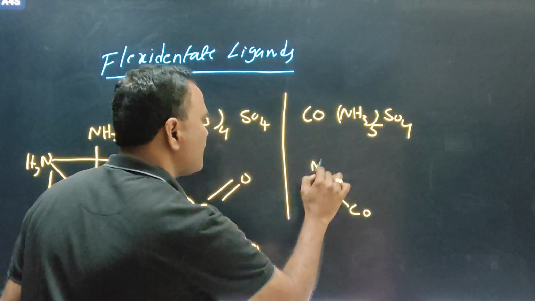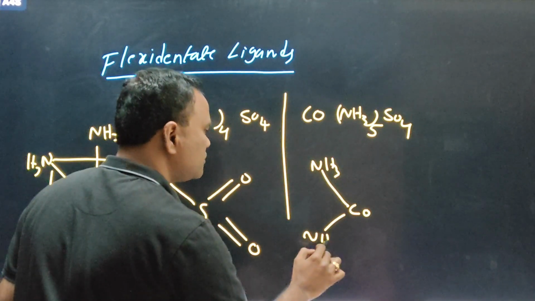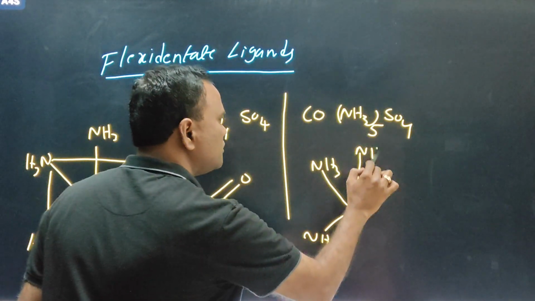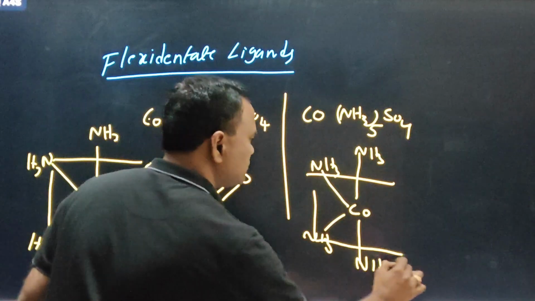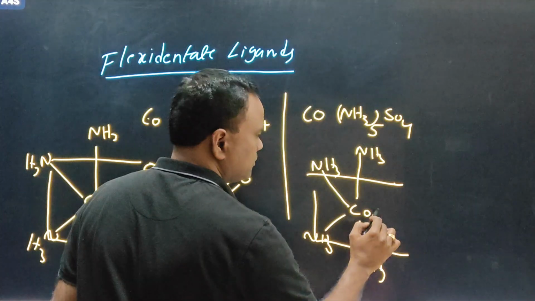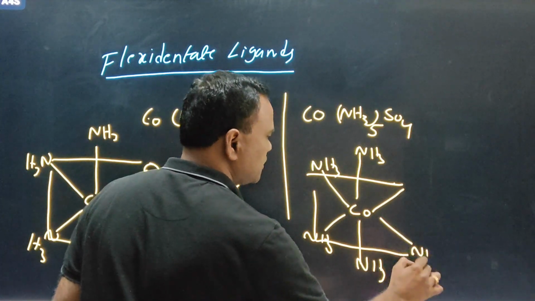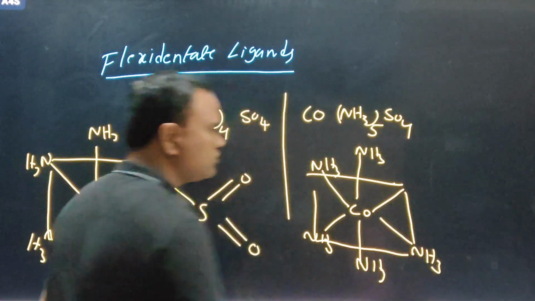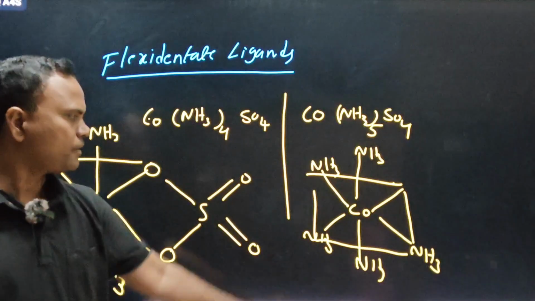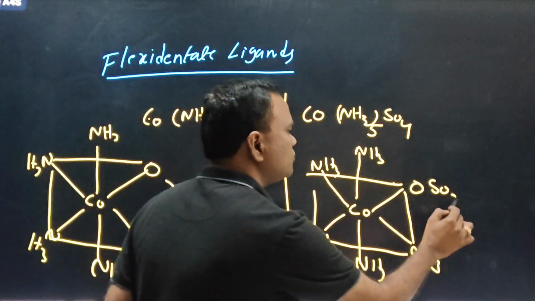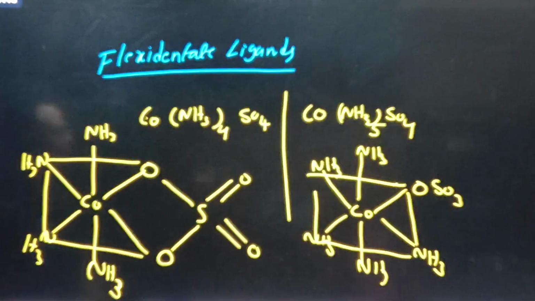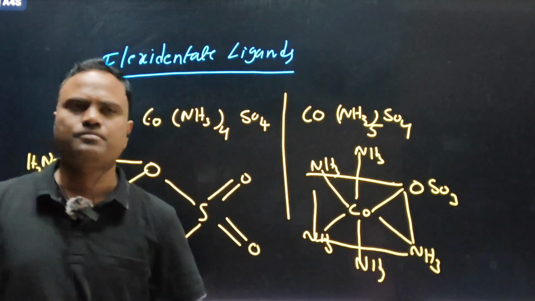Cobalt, NH3, NH3, NH3, NH3, another NH3 also. Right? 5. One more atom. O, SO3.